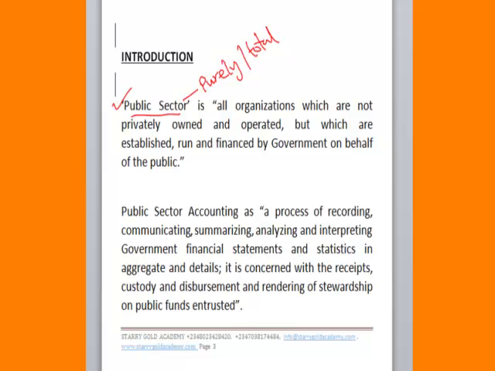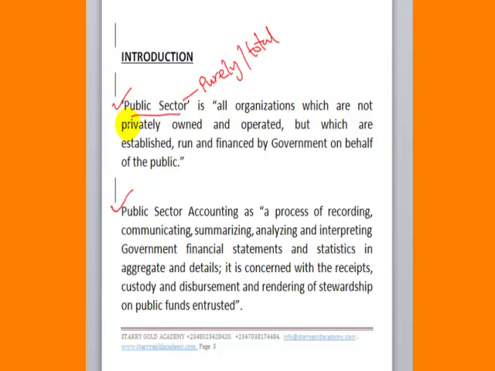Another author has defined it as a process of recording, communicating, summarizing, analyzing, and interpreting information in order to facilitate decision making.